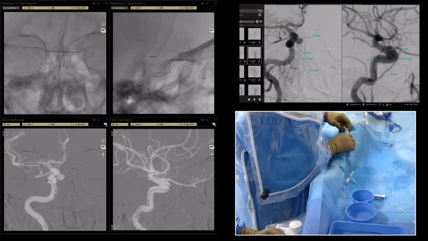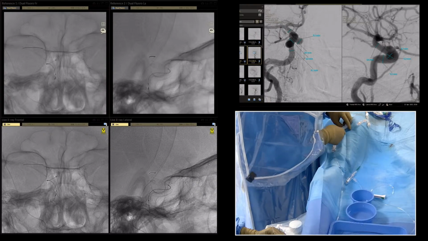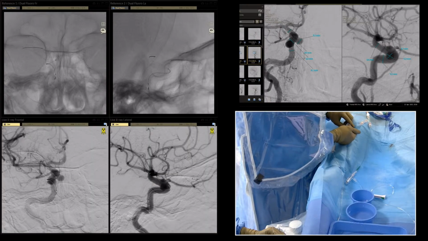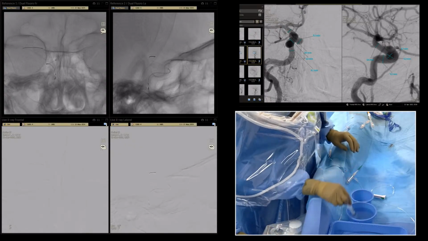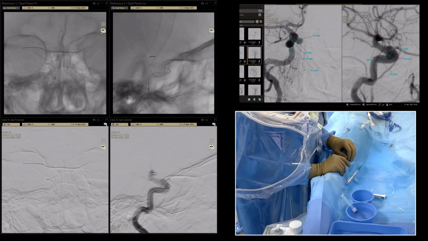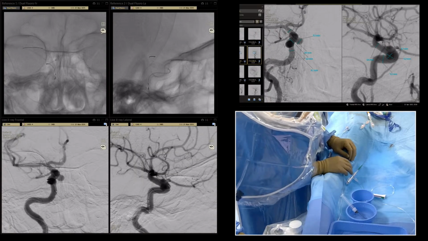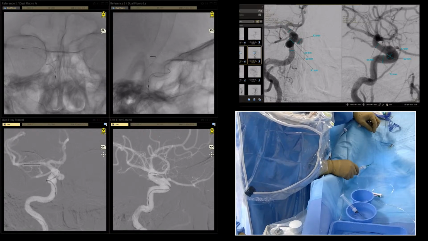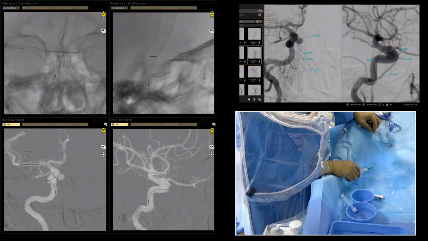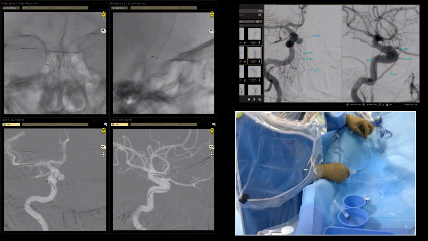Good PCOMs on both sides. Yes, it's the PCOM segment. It's opened at the PCOM. Now we can continue to open. Yes, it's a large segment. We can push.